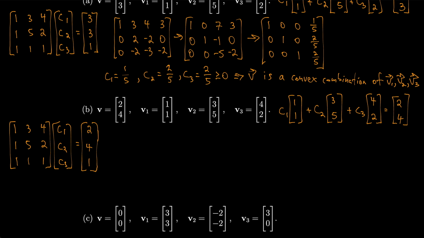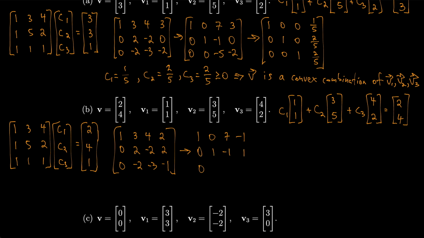And we'll reduce to get 1, 3, 4, 2 in the top row, and then get zeros underneath. So 0, 2, minus 2, 2, 0, minus 2, minus 3, minus 1, and reduce further, get 1, 0, 7, minus 1, 0, 1, minus 1, 1, 0, 0, minus 5, 1.